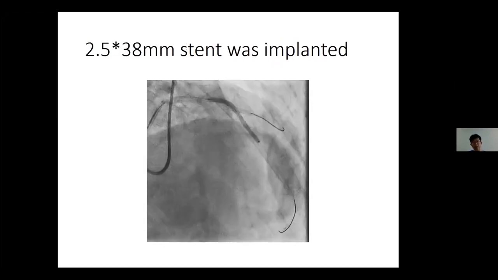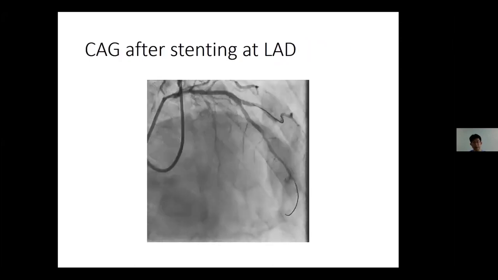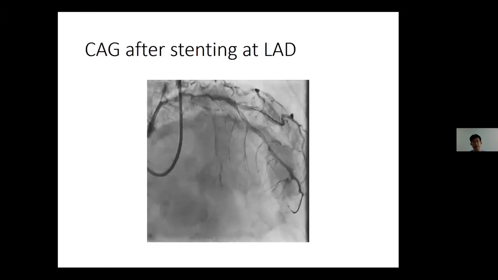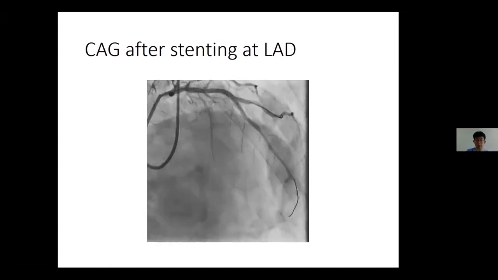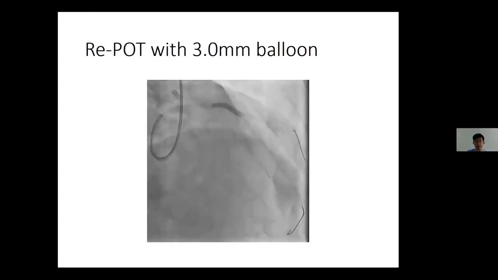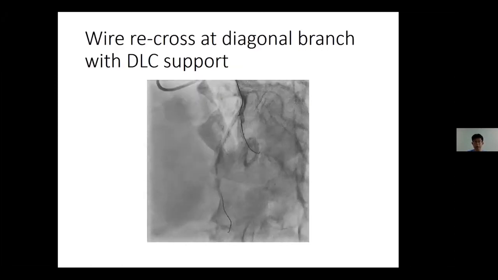And then a 38 millimeter stent was implanted at the LAD. This slide is the CAG after stenting at the LAD. So POT with a 3.0 balloon at the proximal and LAD, and wire recross to the diagonal branch with double lumen catheter support.